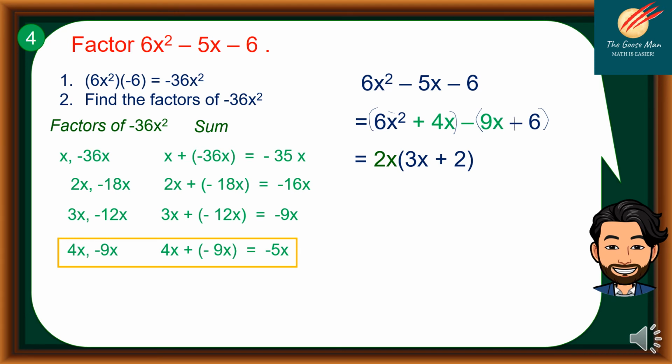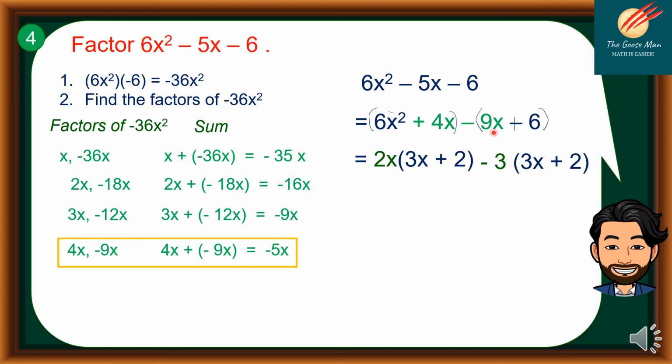Moving on, 2x is the greatest common factor between 6x squared and 4x. So 6x squared divided by 2x, I have 3x. 4x divided by 2x, we have 2. On the other hand, the common factor between 9x and 6 is 3, but there is a negative outside, so I'll have negative 3.